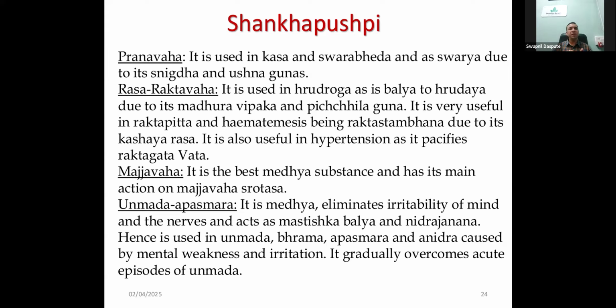In Unmada and Apasmara, as it is Medhya, it eliminates irritability of the mind and irritability of the nerves and acts as Mastishkabalya. Mastishkabalya means it gives nourishment to the central nervous system or Majjavaha Srotas, especially the brain. Hence it is Mastishkabalya and Nidrajanana, it induces sound sleep. So it can be used in Unmada.